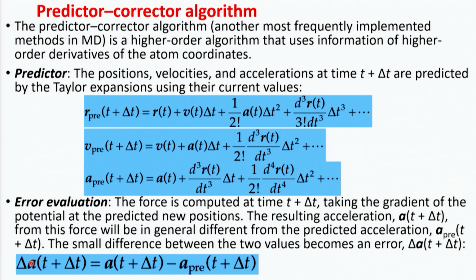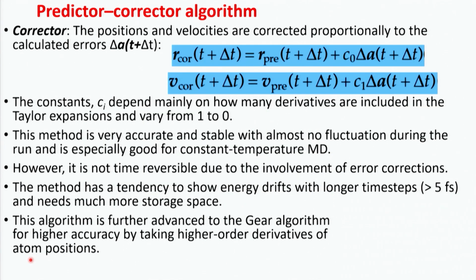Now in the second step, the corrector step, we use this delta a, the error in estimating the acceleration. In the corrector step, the position and velocities are corrected proportionally to the calculated errors. So the corrected position will be the predicted position plus a constant times the error in the acceleration.